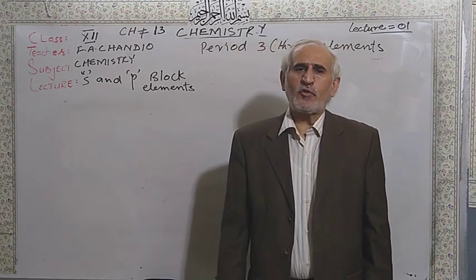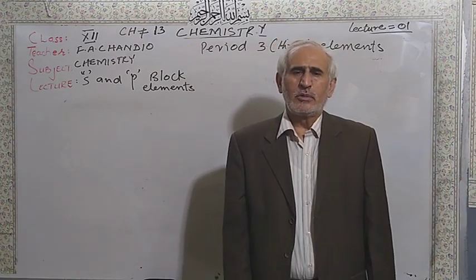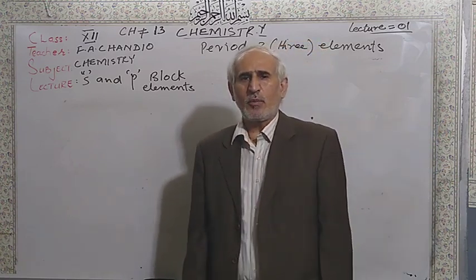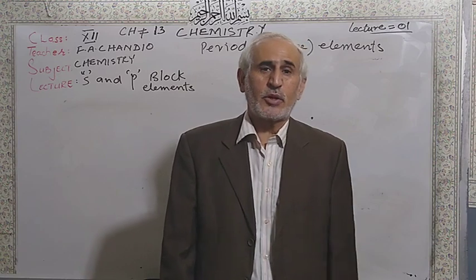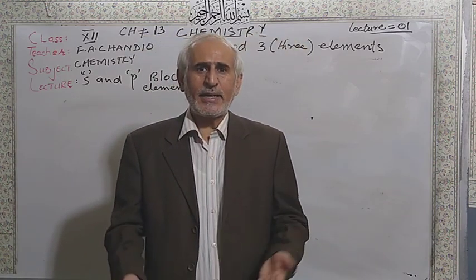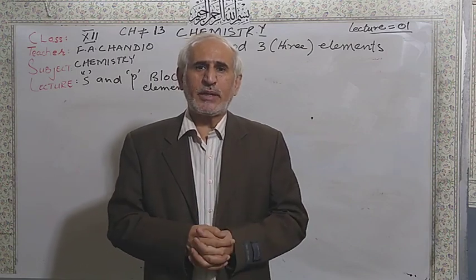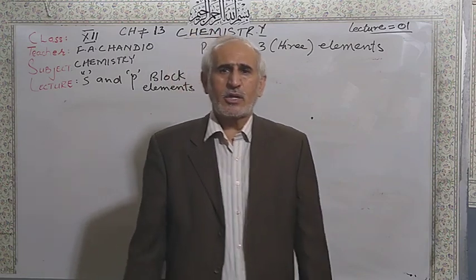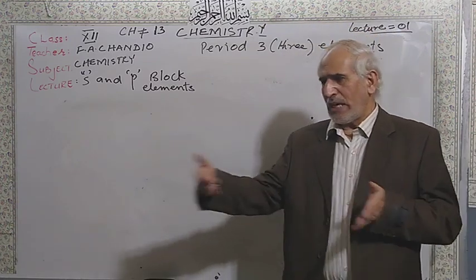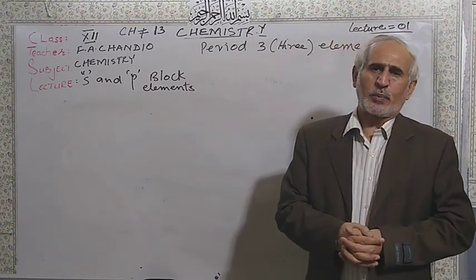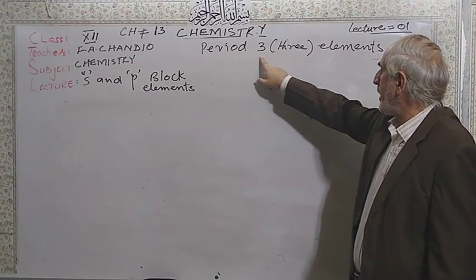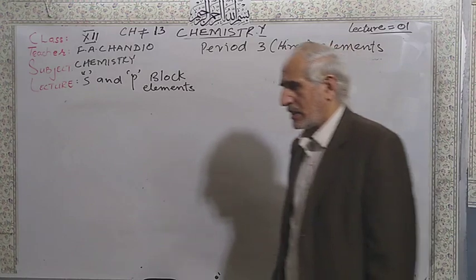In the grade 9 book there is a full chapter on periodicity of properties of elements and the periodic table. You did groups and periods in grade 9, and other properties. We have to go through the same topics here, but the first topic is period number 3 elements.